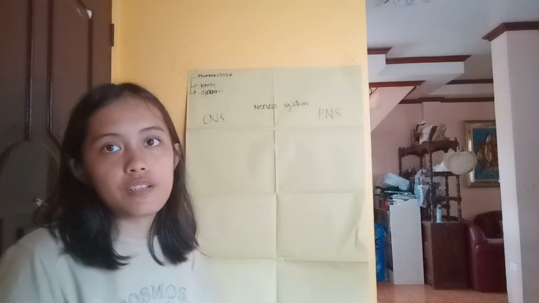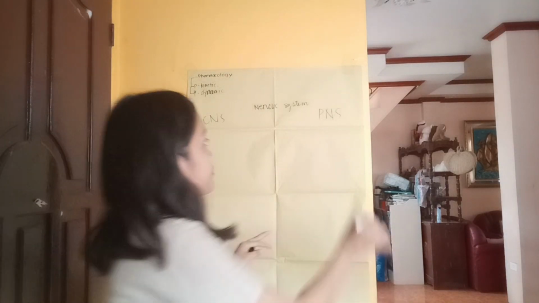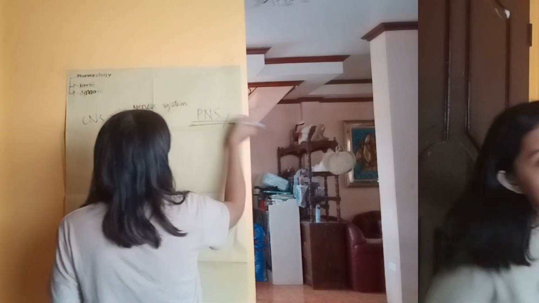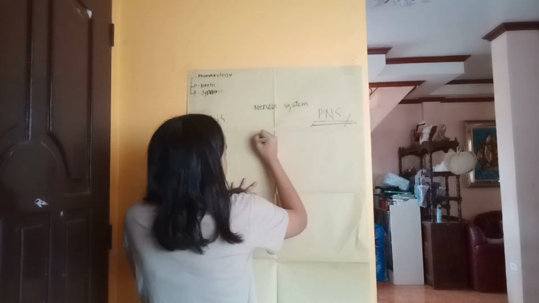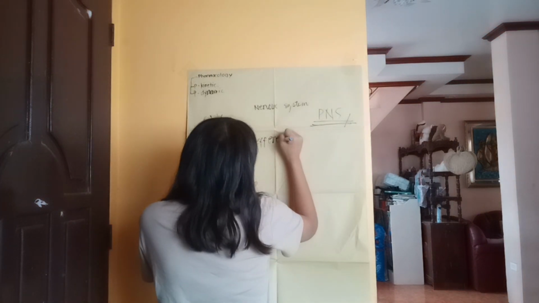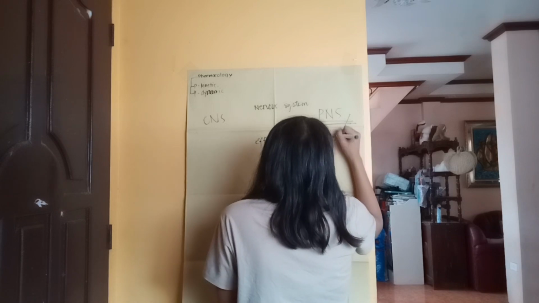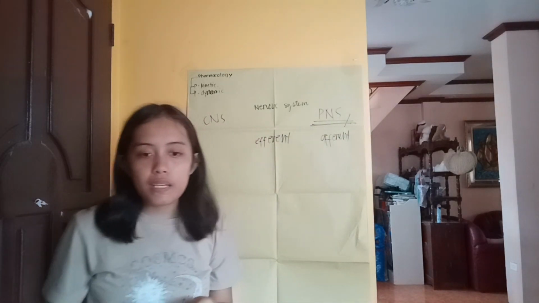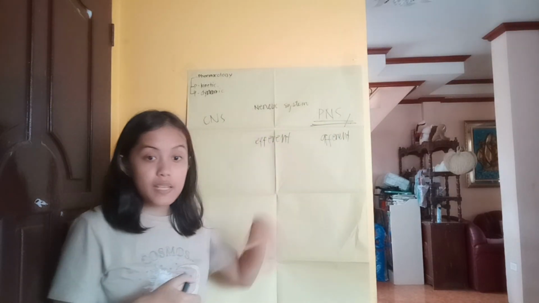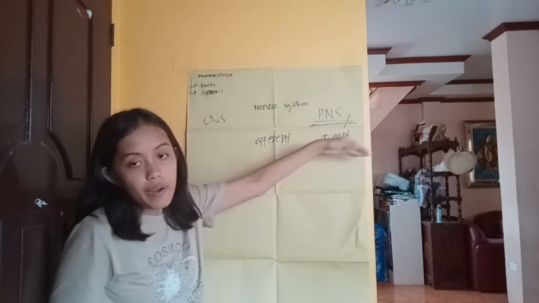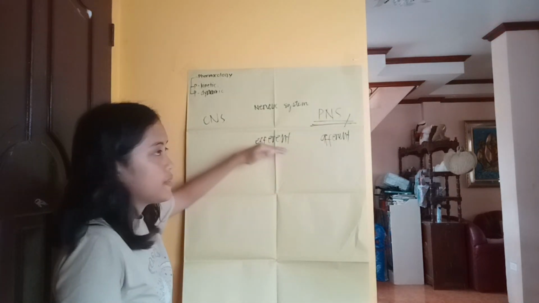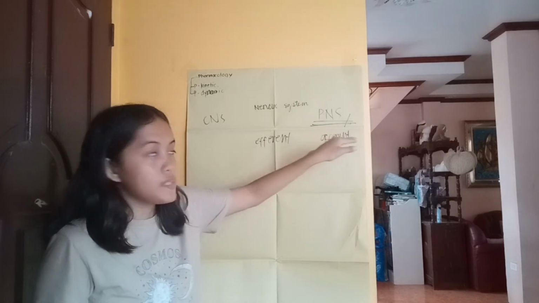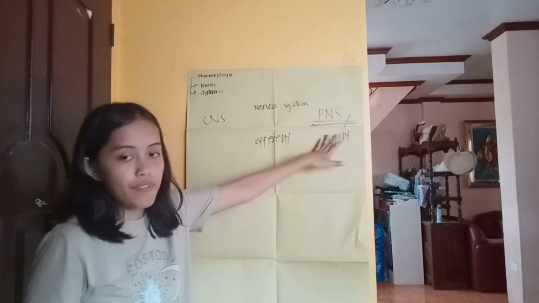But in today's discussion, we will focus mainly on the peripheral nervous system. It has two divisions also, the efferent and the afferent. Efferent means from the CNS to the periphery, while afferent means from the sensory to the CNS.